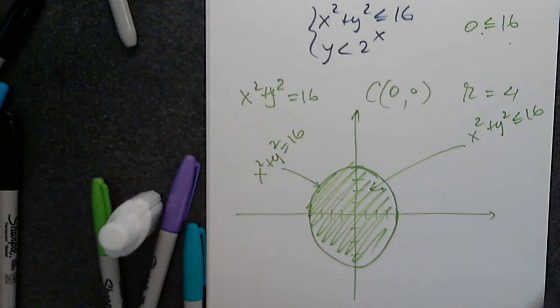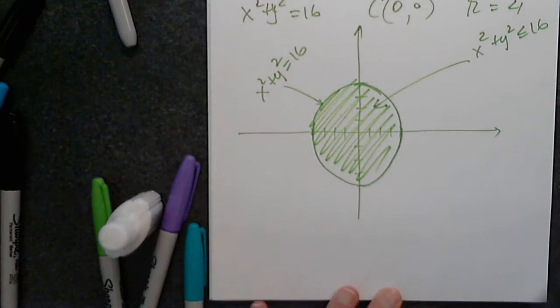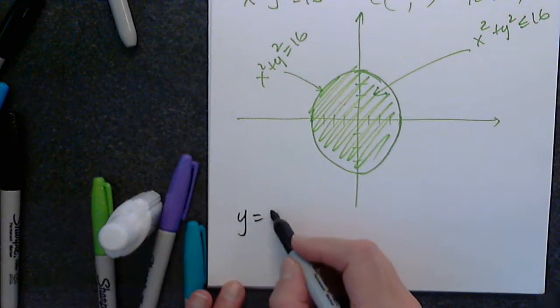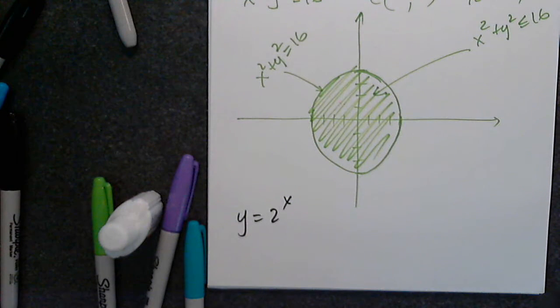Okay, the next step is I have to graph y equals 2 to the x. And now I have to dig deep. This is the chapter that we just finished. And what is it? And how do we graph it? What type of function is it?